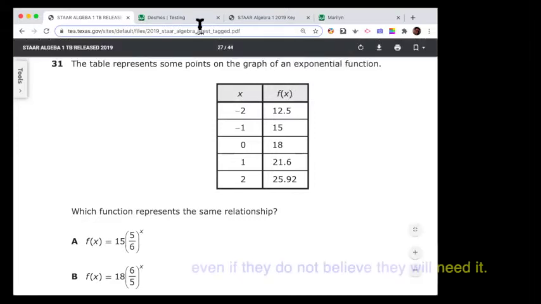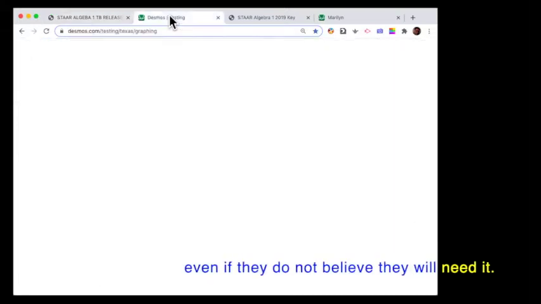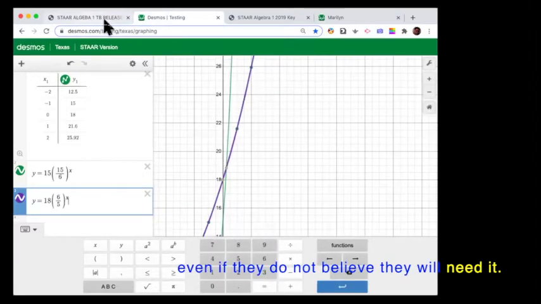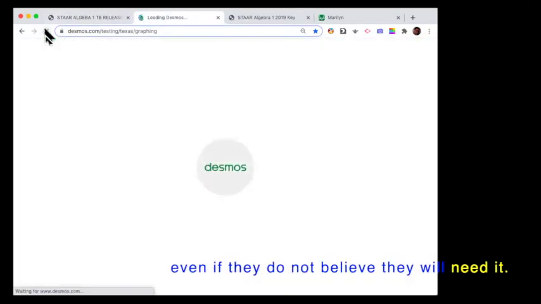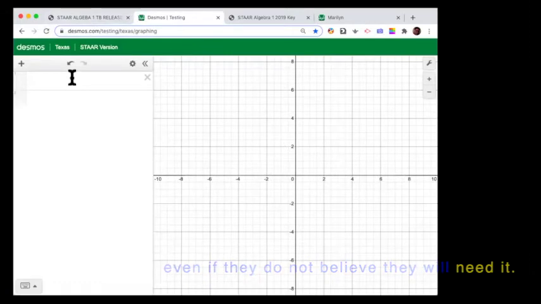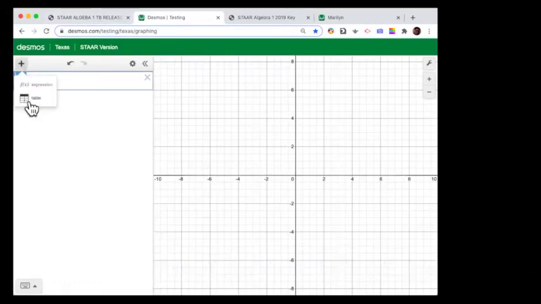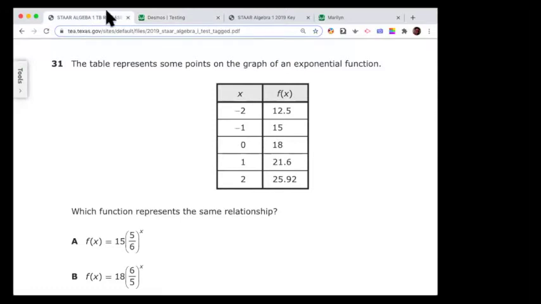And let's go over to the Desmos calculator. Okay. And let's clear these old values out and begin, plus add a table. And our table is -2, -1, 0, 1, and 2.